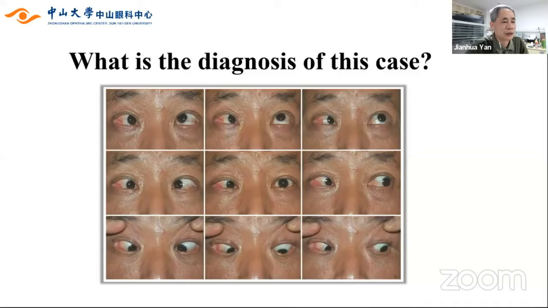What's the diagnosis of this case? He's a 58-year-old man. He had a history of eye trauma. He slipped down in the office 11 months ago, and the left eye and the right eye cannot move outward, and he has a large esotropia also.